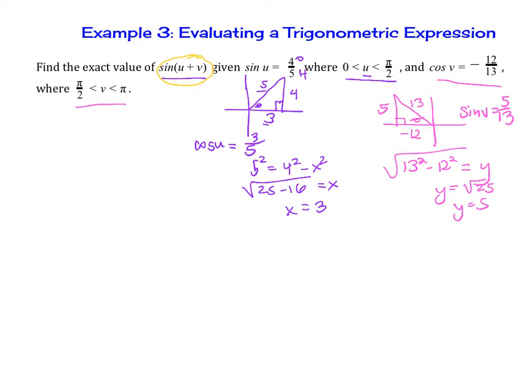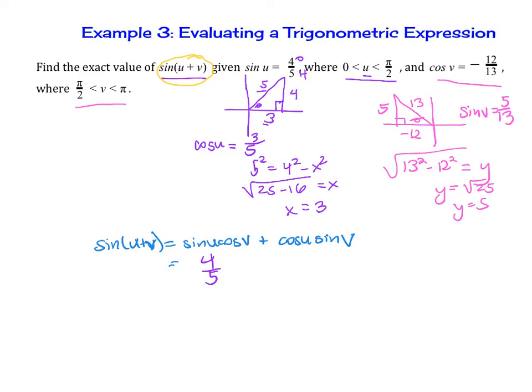So now let's do sine of u plus v. Sine of u plus v is sine of u cosine v plus cosine u sine of v. Then we replace what we know. So sine of u we know is 4 over 5.